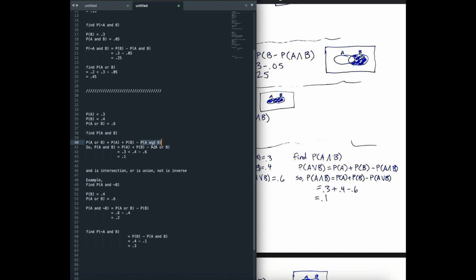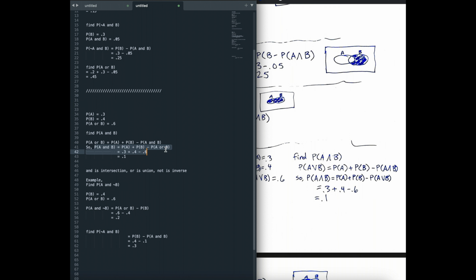Well, we can do some algebra here, some probability algebra, and what we can do is we'll add probability of A and B to both sides, so it would delete this one from this side of the equals sign and move it over to the left side. So we added that to both sides of the equation, and then we're going to subtract probability of A or B from both sides of the equation.